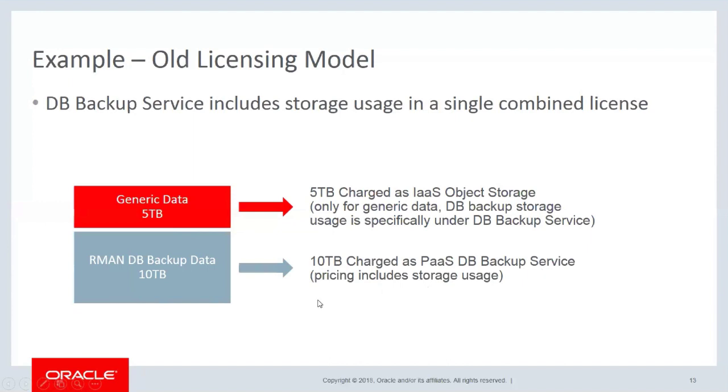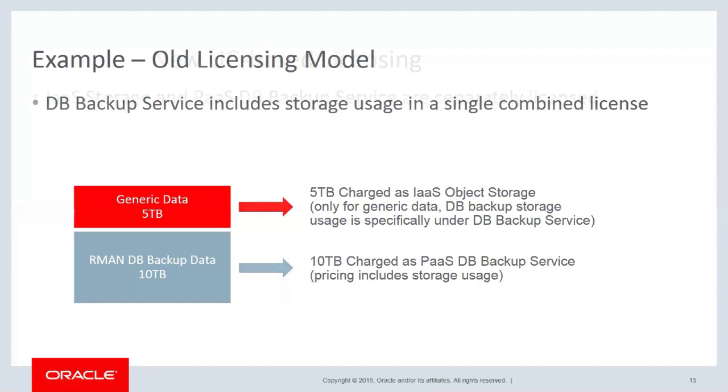Again, if you use the old non-metered SKUs, you are still measured using this approach. So two different charges, one for 5 terabytes and one for 10 terabytes. And this price for 10 terabytes included the storage cost plus the database backup service actual costs.